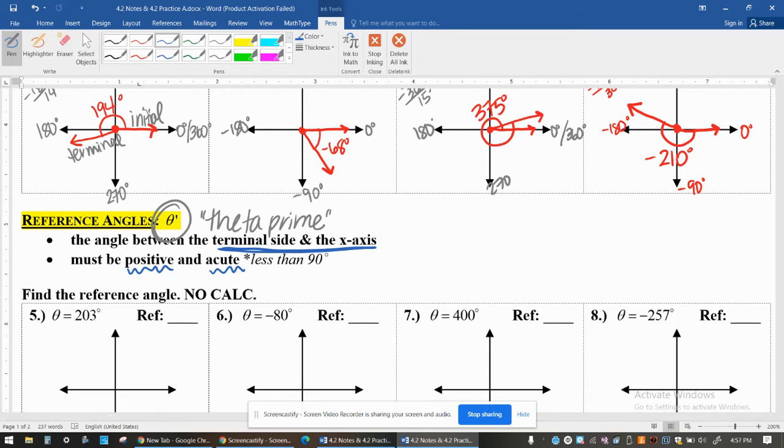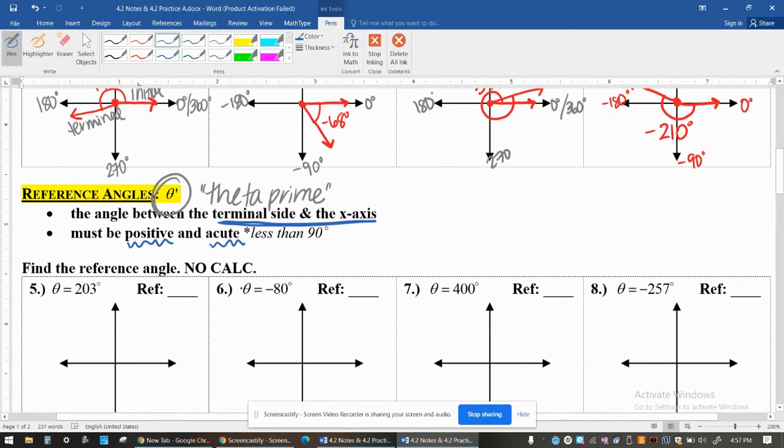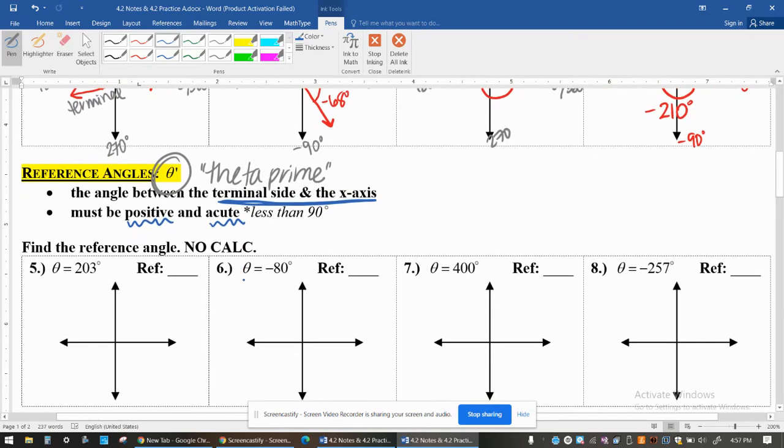So in order to find a reference angle, you need to have an angle to start with. So the starting angle is 203. Okay, so 203 is a positive angle. So when I'm graphing it, or when I'm drawing it, I usually ask myself, okay, well, where would it be? It wouldn't be to 270. That's right.